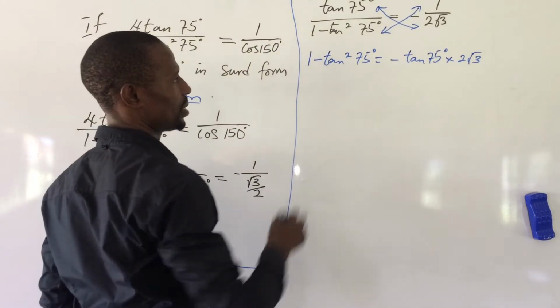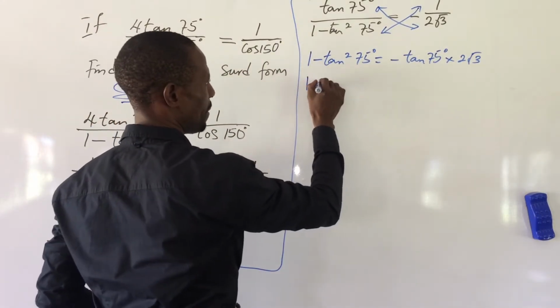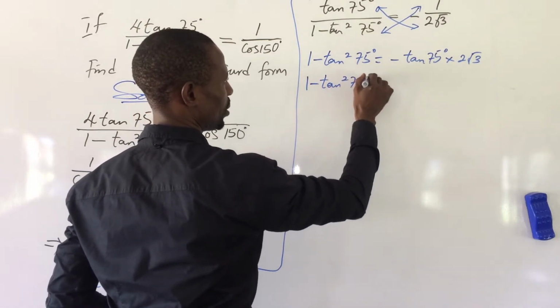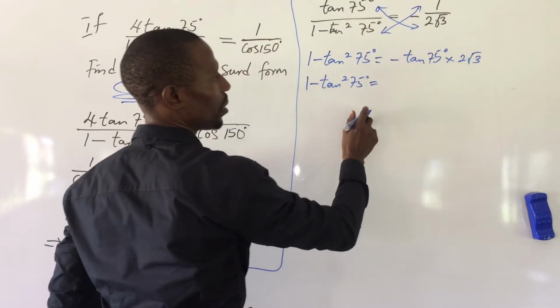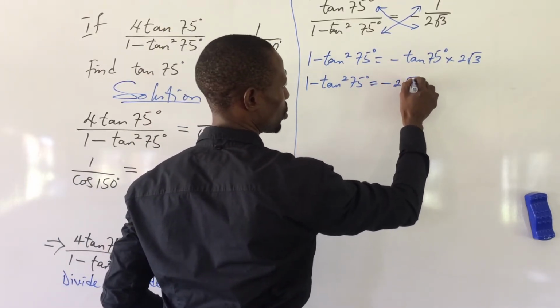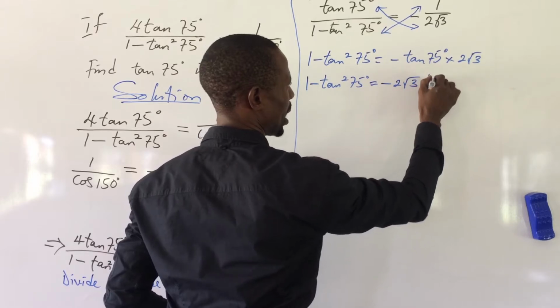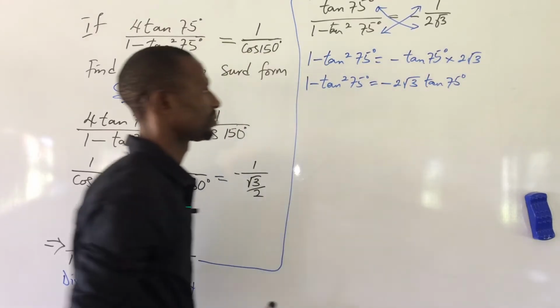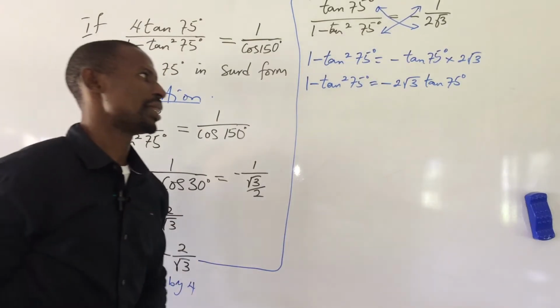If we simplify this further, this will give us 1 minus tan square 75 degree equal to minus 2 root 3 tan 75 degree.